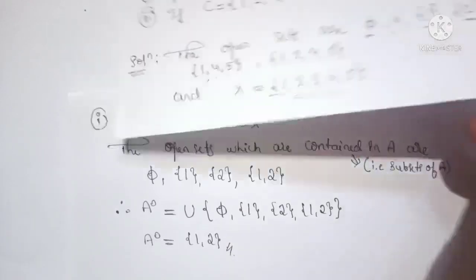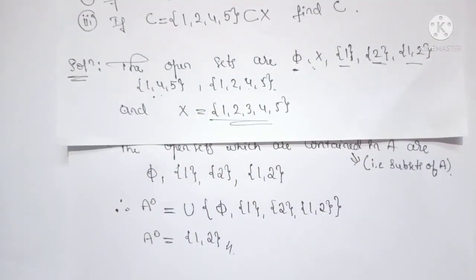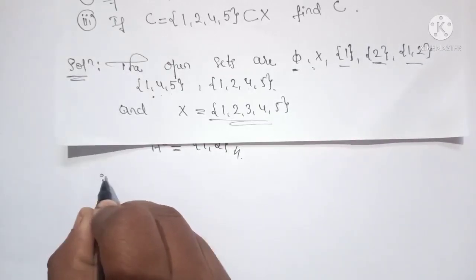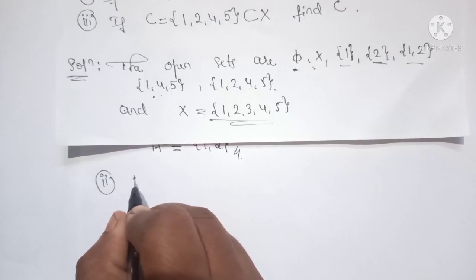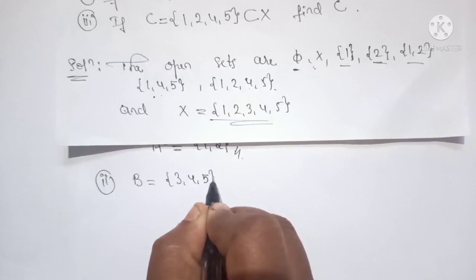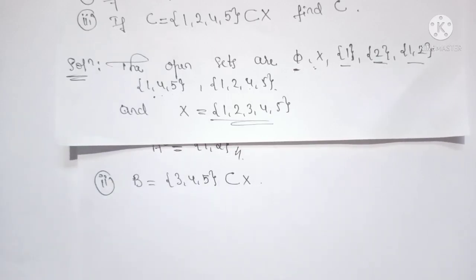Like that we find the second one, that is B interior. B is given by 3 comma 4 comma 5, which is a subset of X. Then we need to find the B interior.